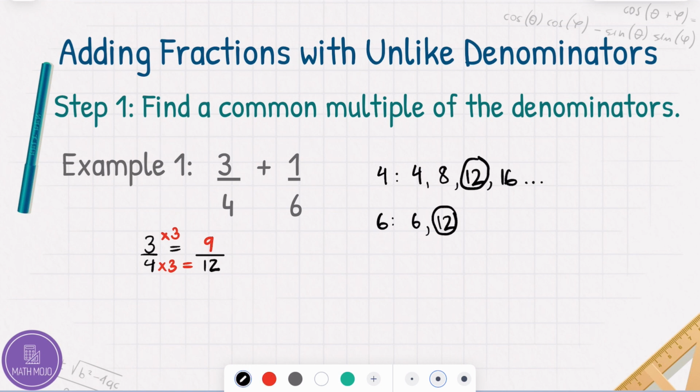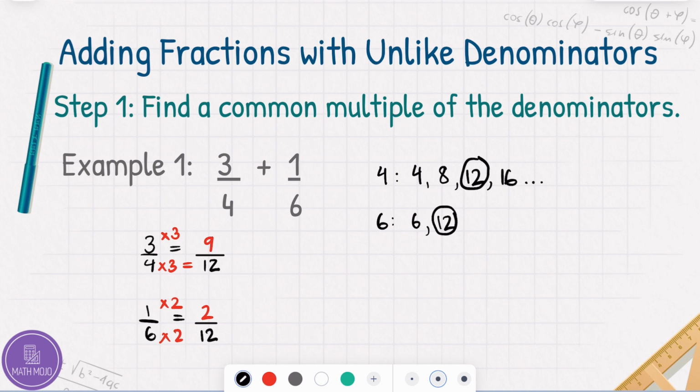And we're going to do the same thing for 1 over 6. We already know that our denominator is 12 because it's the common multiple. Now how do we get from 6 to 12? We multiplied by 2. So we're going to do the same thing to the top of our fraction, and that's going to give us 2 over 12.